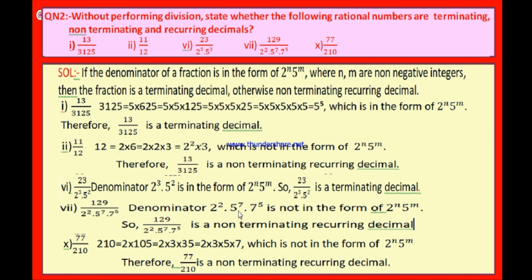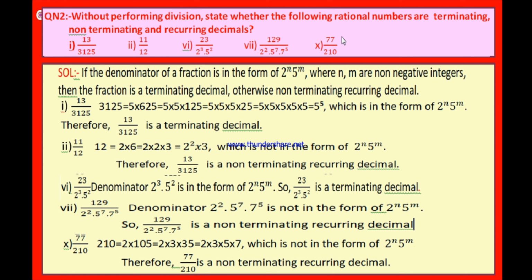Even though 2 and 5 are factors, 7 is also a factor. But except 2 and 5 there should not be any factors. Since 7 is a factor, the denominator is not in the form of 2 power n into 5 power m. So the given fraction is a non-terminating recurring decimal.